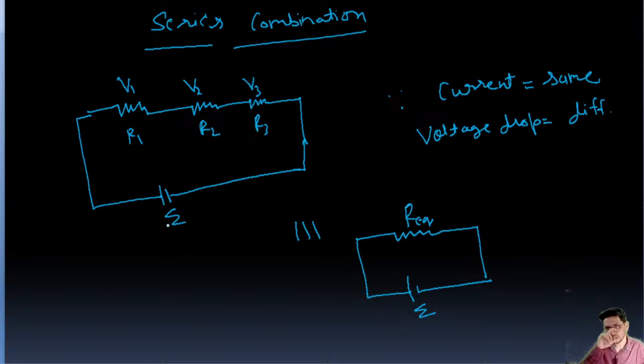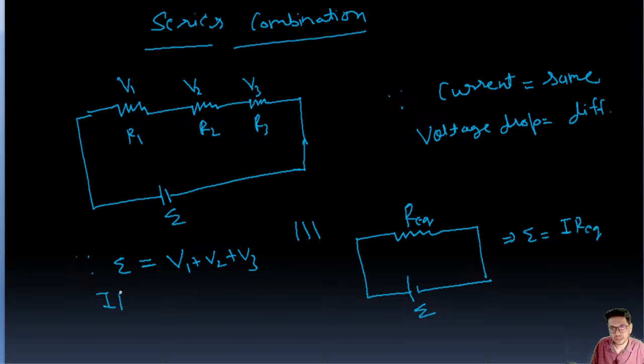This is the electromotive force. Here we can see the electromotive force epsilon is equal to V1 plus V2 plus V3. We can write epsilon as I R equivalent, so I R equivalent is I R1 plus I R2 plus I R3.